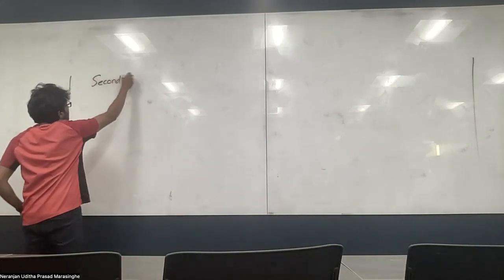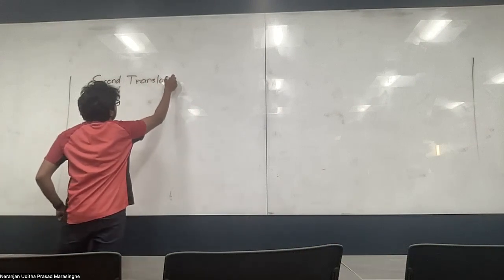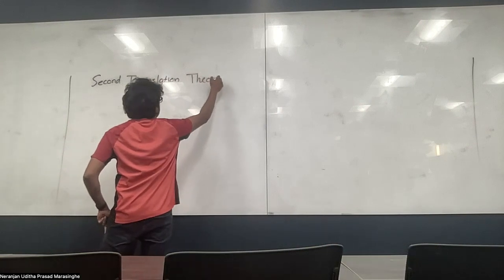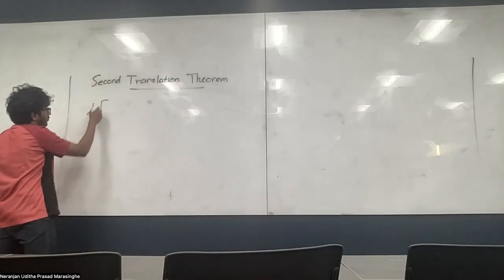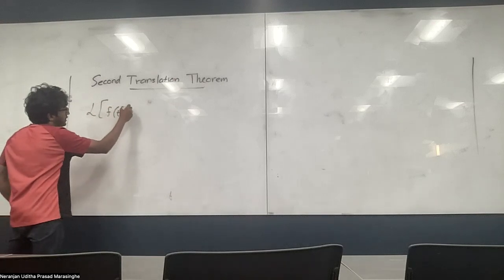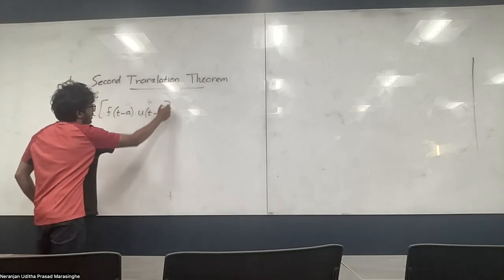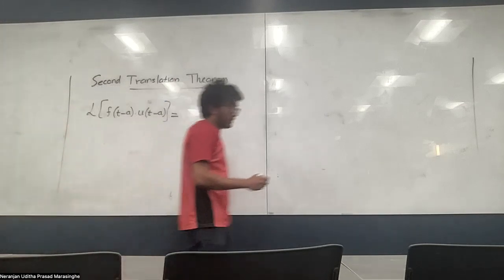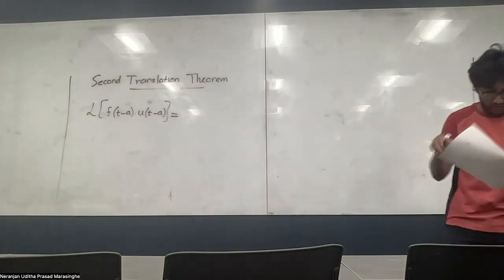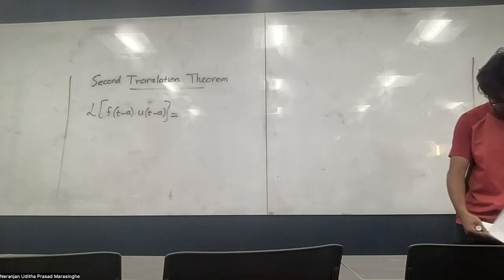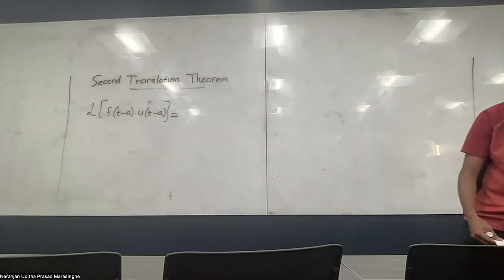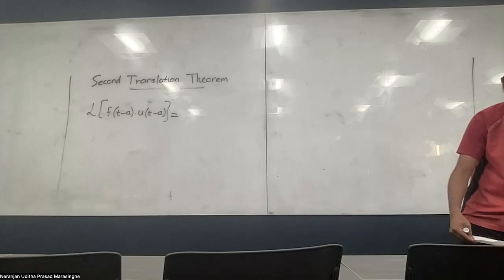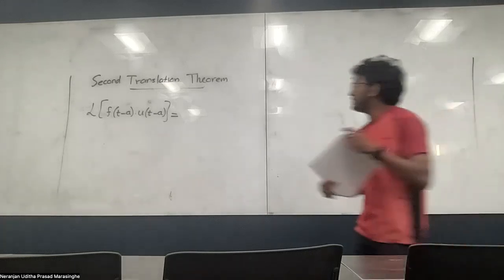The second translation theorem says that the Laplace transform of f(t minus a) times u(t minus a) equals e to the minus a s times F(s).